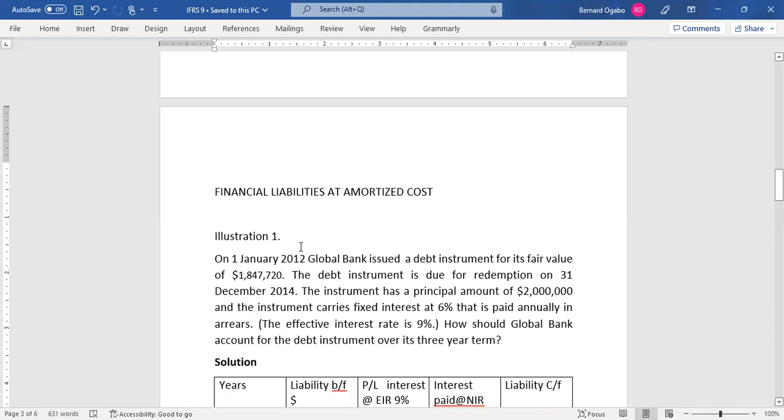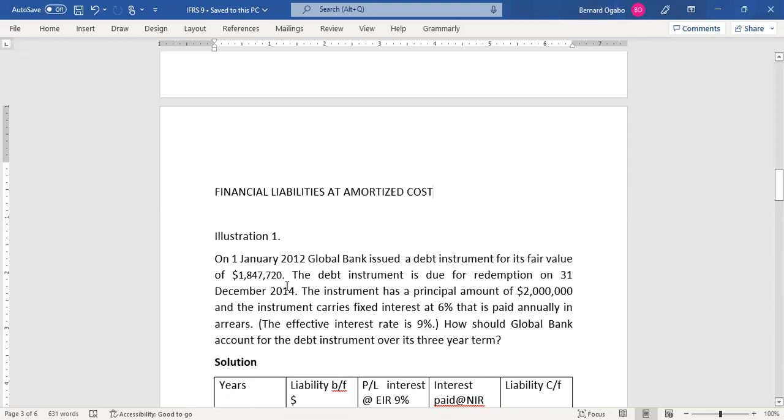Because we want to account for the instrument over the 3-year term, we are going to use the effective interest rate to amortize the interest element, the discount that this instrument has. Look, the principal amount is 2 million, but the fair value for which the instrument has been issued is 1,847,720.